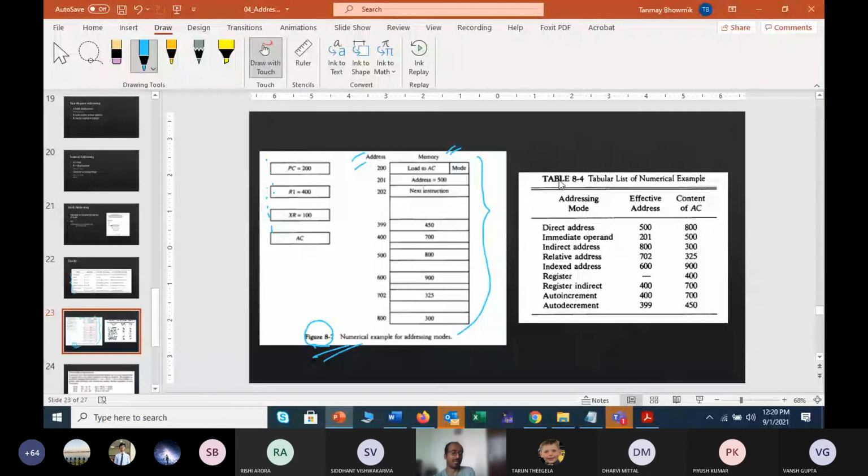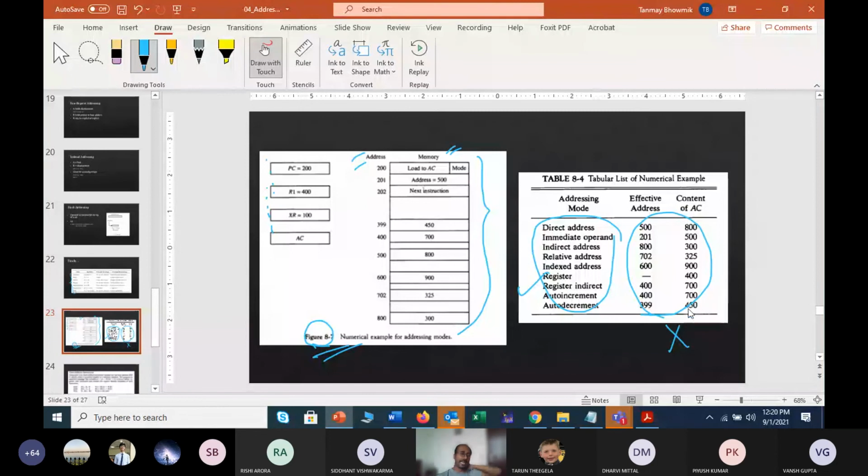If the same problem is given to you in the exam, only this data will be given. These two columns will not be given. You have to calculate this part. So this will be the type of addressing mode problem.